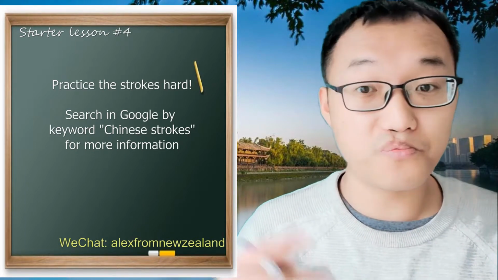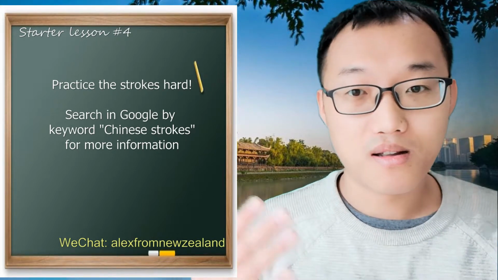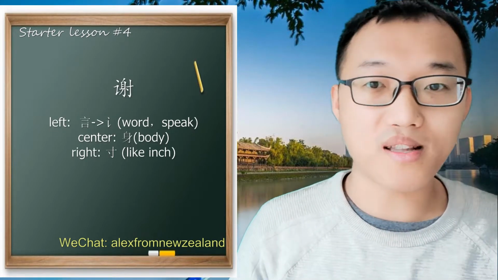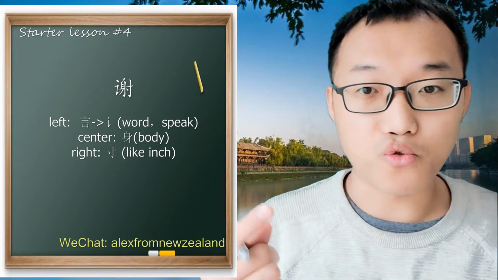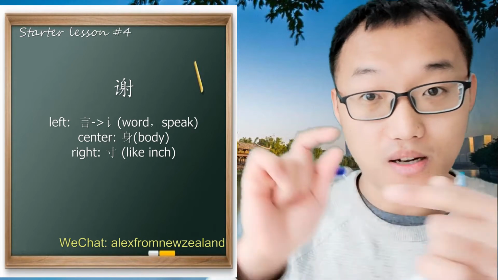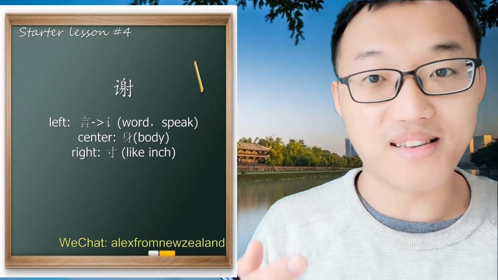I will show you a more complicated one here. So 谢谢, 谢谢你. What does that mean? Thank you, right? I will show you how to write 谢, the character 谢. Okay, it's a left, center, right structure. It's more complicated than 你.